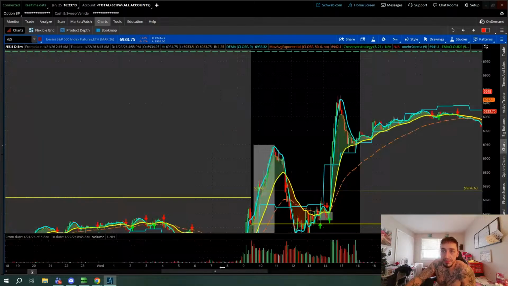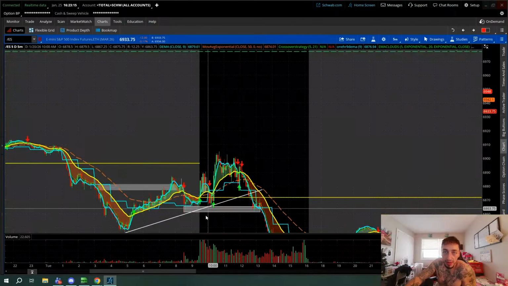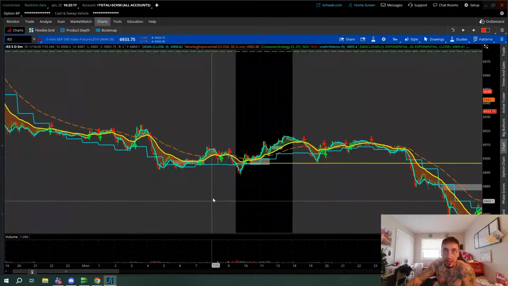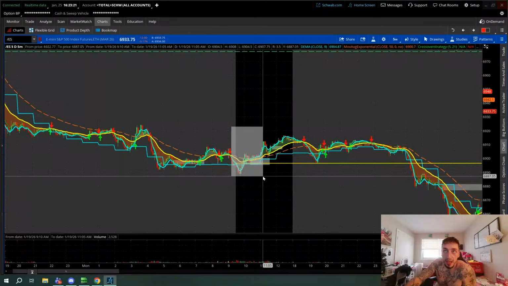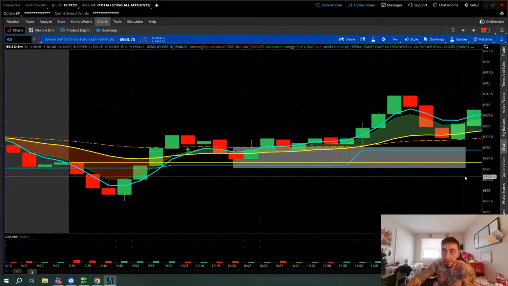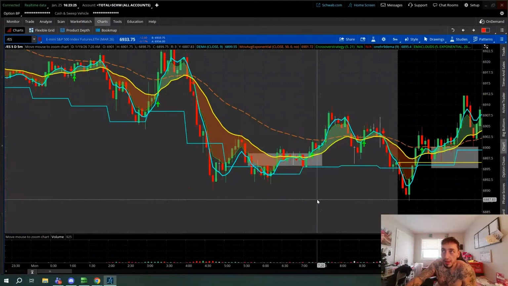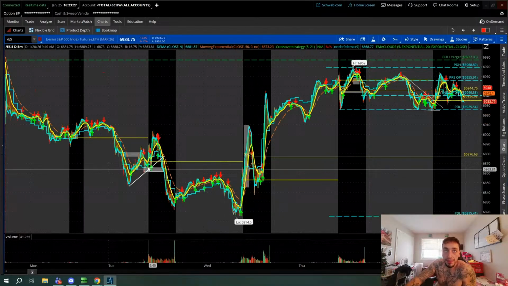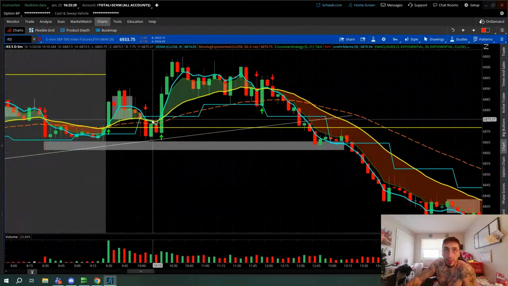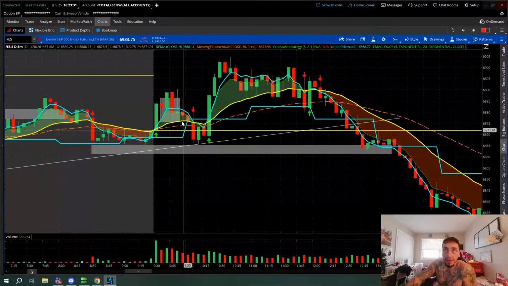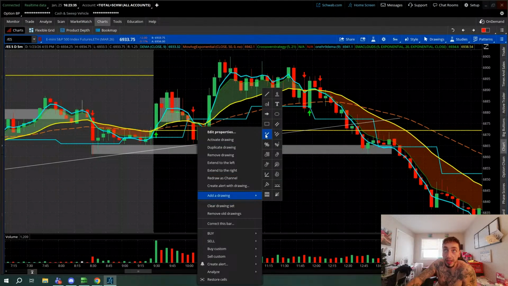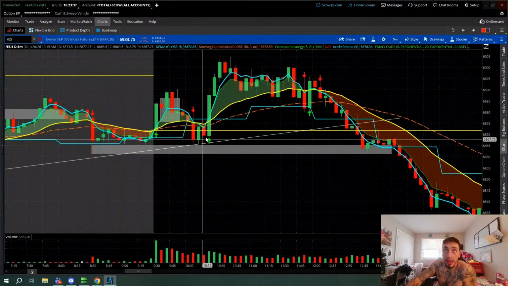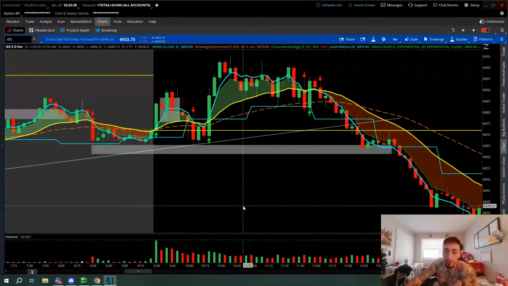Look at this. This Martin Luther King Day, that first move right here, it respected the Fibonacci 50 for a beautiful long play. Then Tuesday, right here, we got a 50% Fibonacci on this move, and that's the one that we just went over.